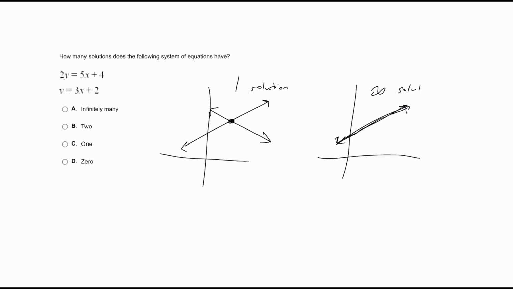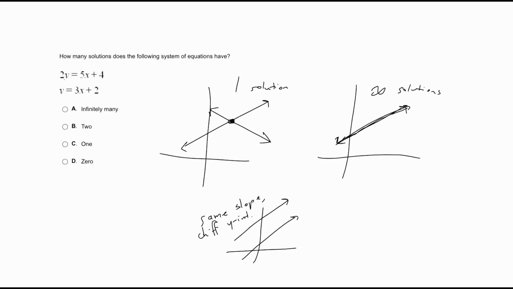Finally, what does it mean for them to have 0 solutions? Well, on a case-by-case basis, it depends on what kind of line you're dealing with. In the case of two linear equations, that is with constant slope, you're going to have 0 solutions when they do not intersect, and that occurs when both lines have the same slope but different y-intercepts.